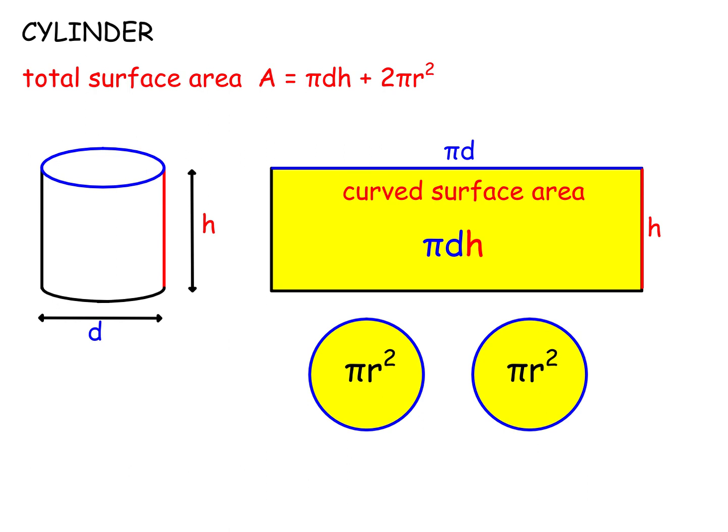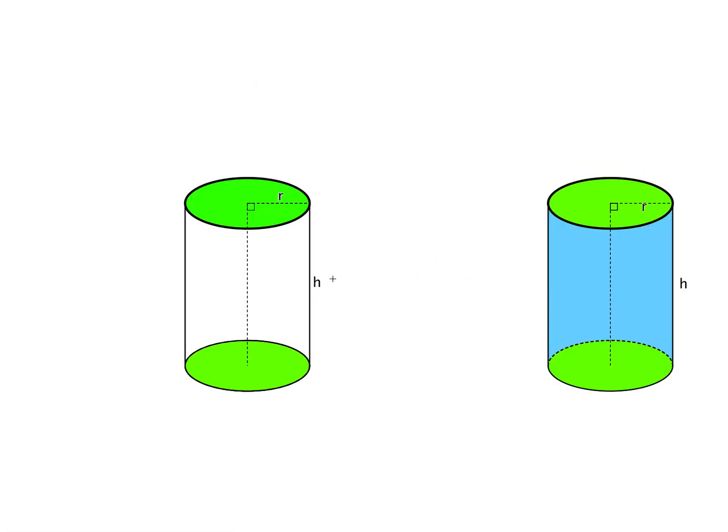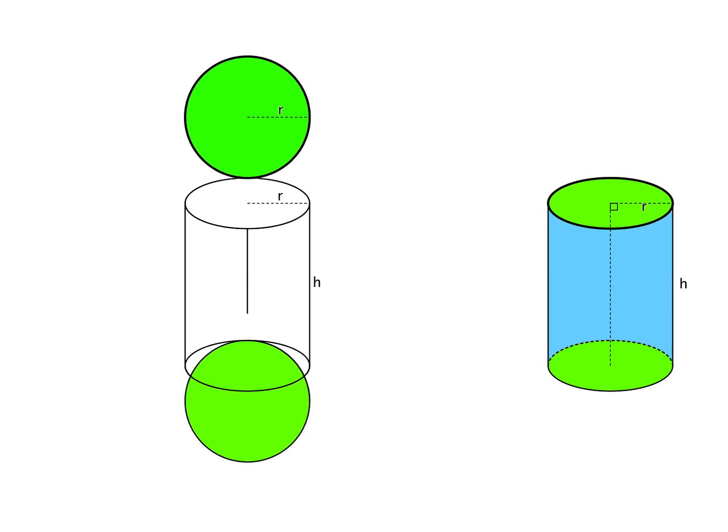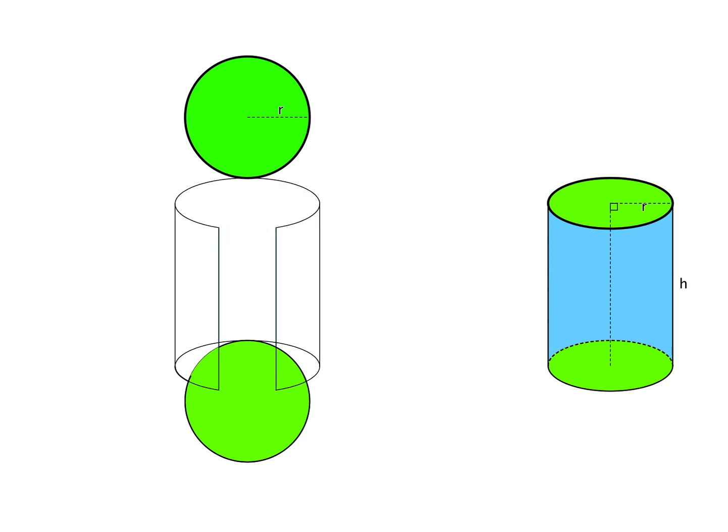To show that that's the case, here's a cylinder, radius r for the circle, height h. If you watch how it breaks up, there's the circle coming off radius r, so the area is pi r squared. As you slice open the curved surface and open it out, that's like a label coming off a can.